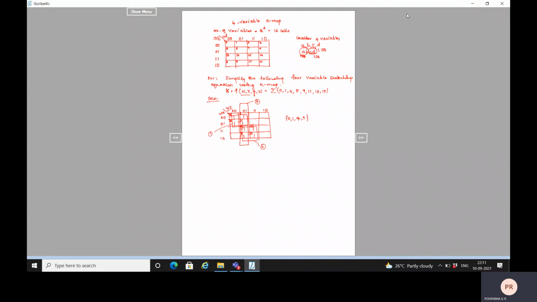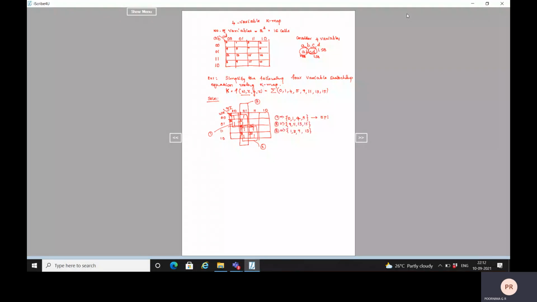If you look here, in group number 1, the 0 cell and 4th cell have been grouped only once, while cells 1 and 5 are shared. So hence this is an essential prime implicant.